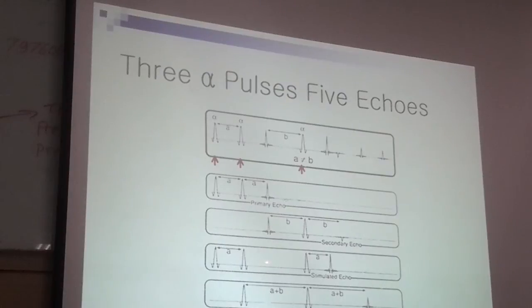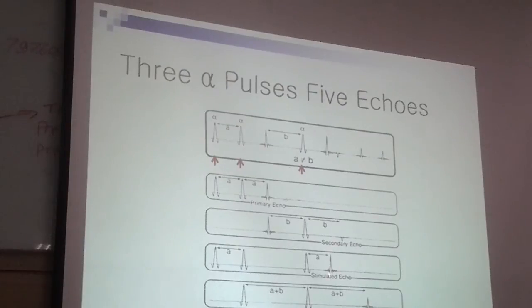After that, the combination of 3 RF pulses also generates a stimulated echo. Even though the flip angle of these RF pulses is not 90 degrees, the combination of three RF pulses generates the stimulated echo.